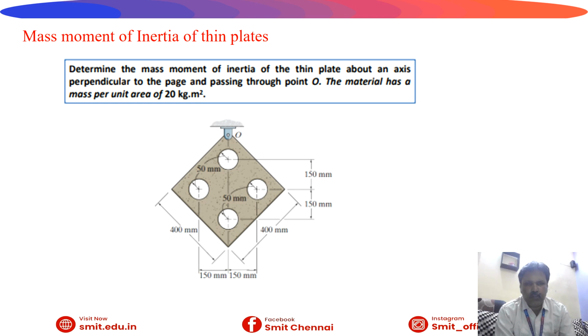One square plate, that is a thin sheet, in which 4 holes are drilled. You can see all the dimensions are given clearly, that is 400 by 400, and between the holes, horizontally as well as vertically, they have given 150 mm.